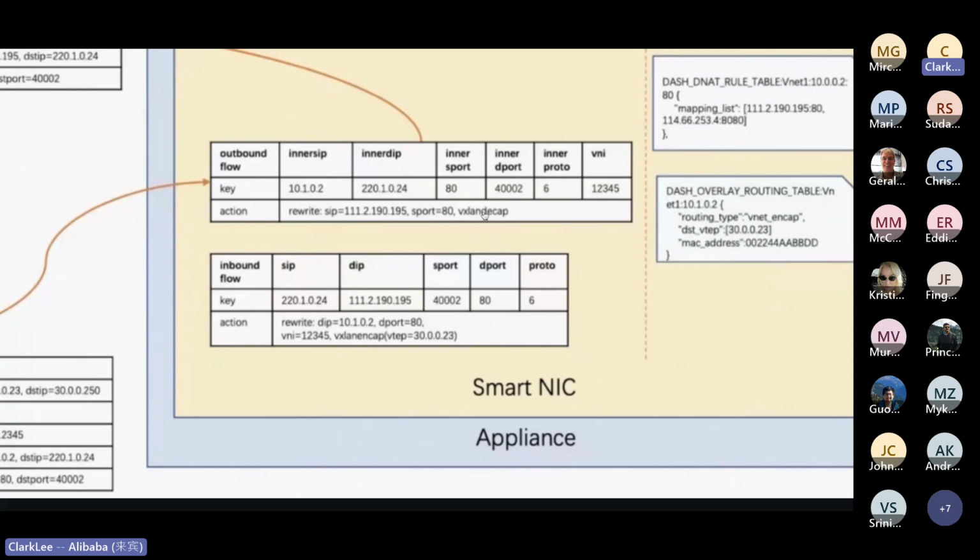And the action is different. In the action field, one is rewrite IP and do encapsulation, and another one is rewrite source IP and do decapsulation. They're different.